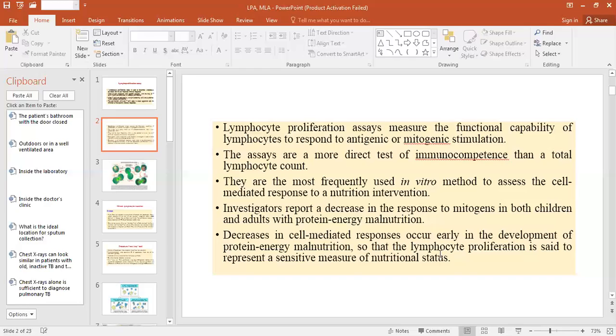And mostly the investigators report a decrease in the response to a mitogen in both children and adults with protein energy malnutrition. Decreases in cell-mediated responses occur early in the development of protein energy malnutrition, so the lymphocyte proliferation is said to represent a sensitive measure of nutritional status.